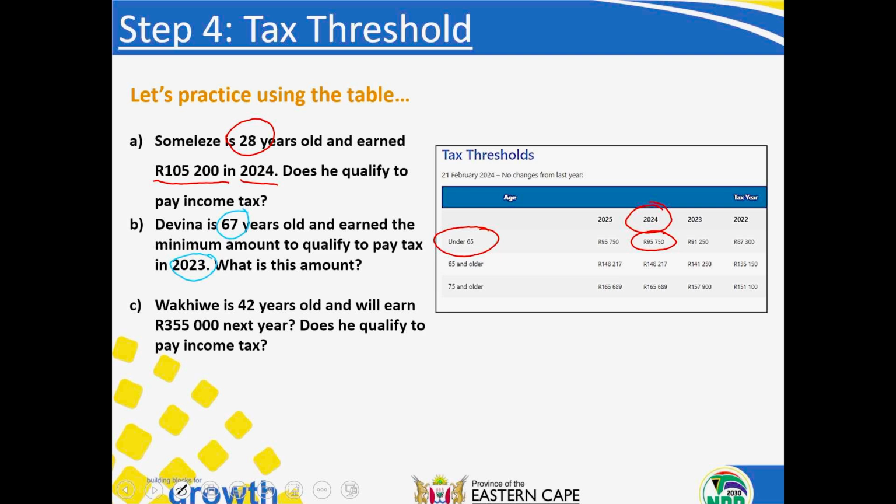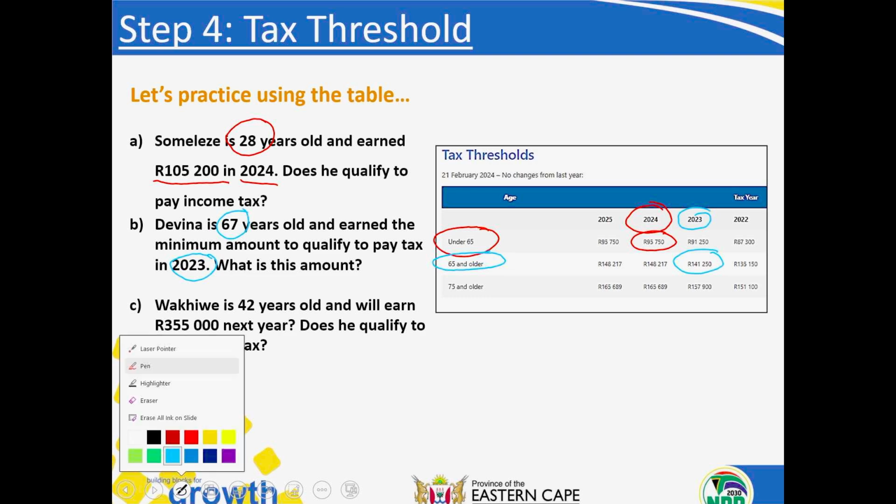So with the information we have, we can see that Davina would be in the second category, 65 and older. We've been given the year 2023. So therefore, Davina earns 141,250 Rand.